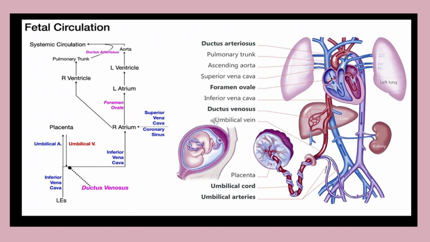Afterwards, with the help of the inferior vena cava, it enters the right atrium, where a minimal mix of oxygenated and deoxygenated blood is possible through the inferior vena cava. So the 80% oxygenated blood will be emptied into the right atrium.